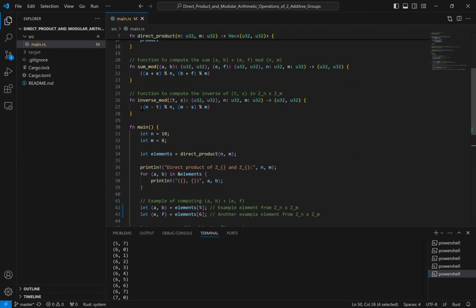Since these are additive groups, it will take 1 and subtract from n, where n is the mod, and then take 5, subtract from m, where m again is the mod, and we are dividing by m and writing the remainder.